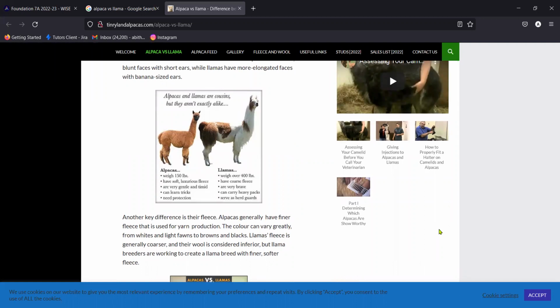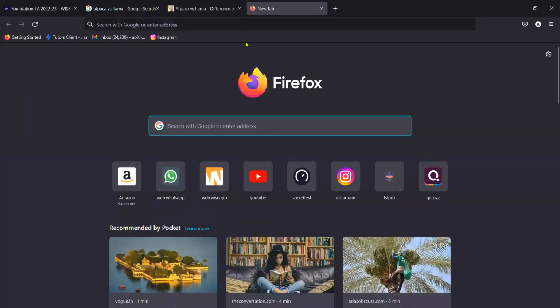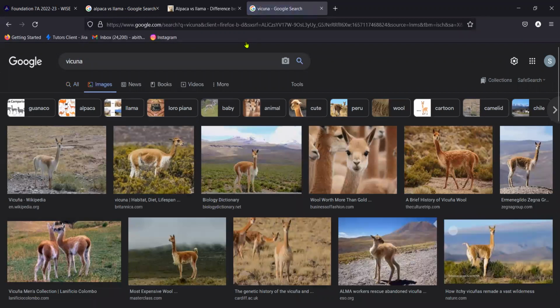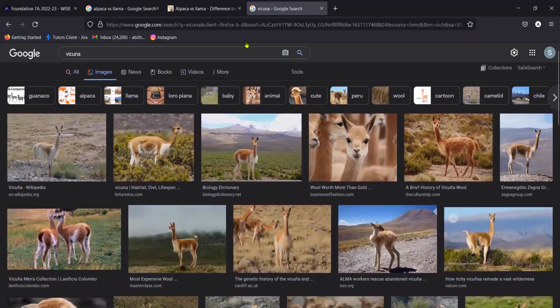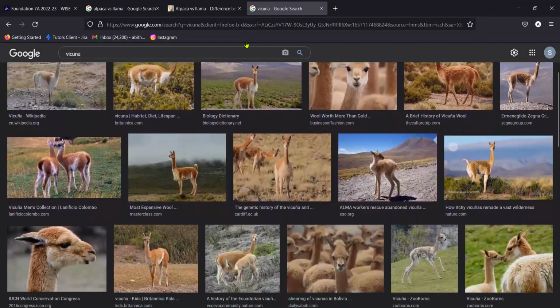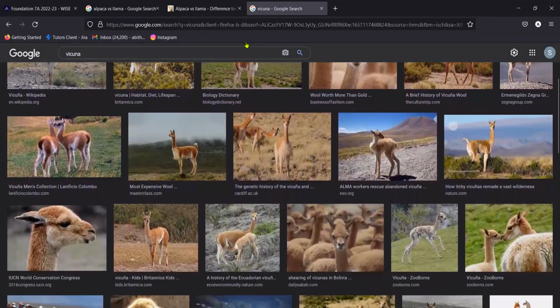Vicuna is an endangered species. Alpacas are like dogs, and llamas are like deer. Don't think of it like a dog; it does not look like a dog, though it has some dog-like features.